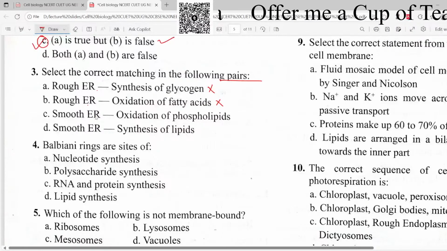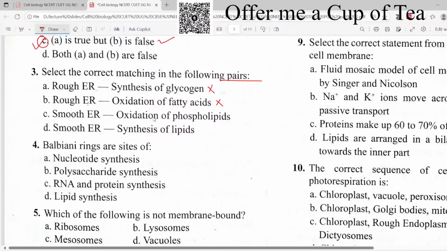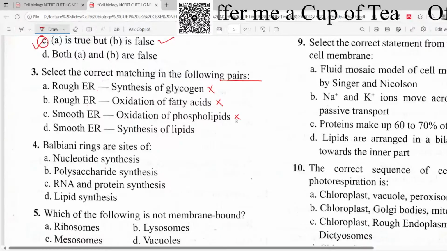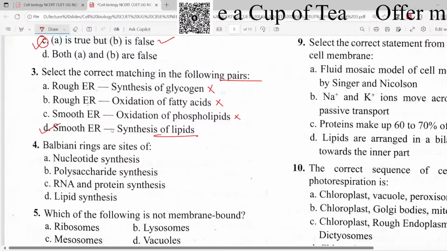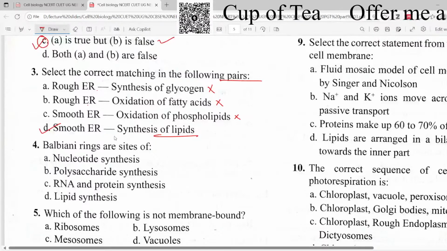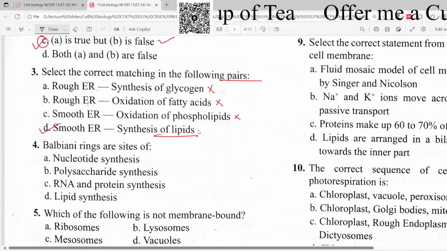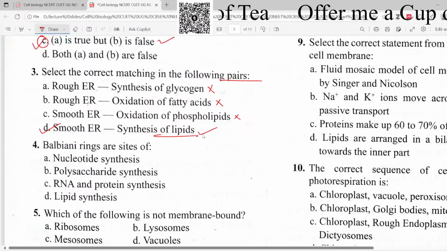Smooth endoplasmic reticulum, oxidation of phospholipid, it is not correct. So smooth endoplasmic reticulum, synthesis of lipid. Smooth endoplasmic reticulum is always associated with synthesis of lipids and steroid hormones.